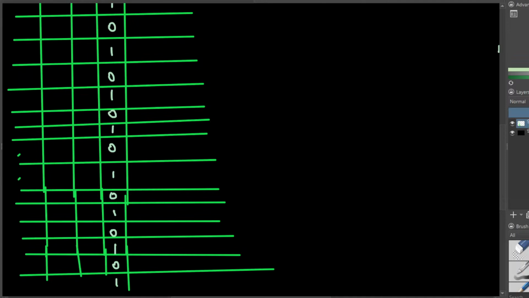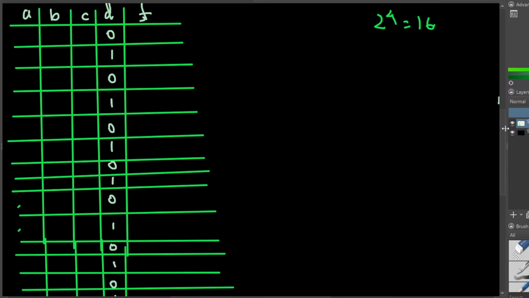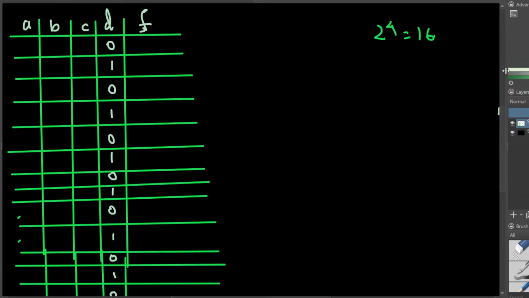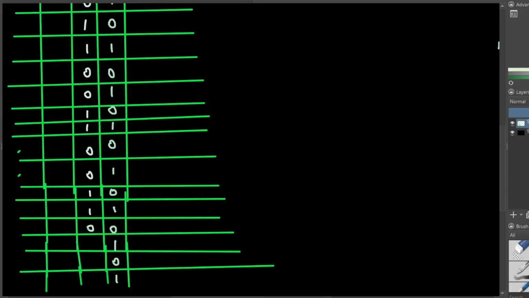I had to expand this a little bit more. Now let's put in the other values: 0, 0, 1, 1, 0, 0, 1, 1, 0, 0, 1, 1, and then 0, 0, 1, 1.